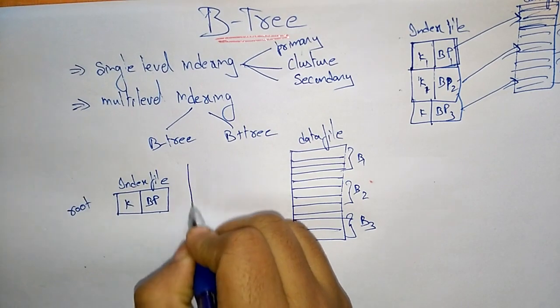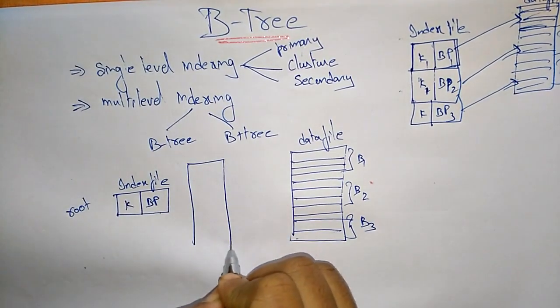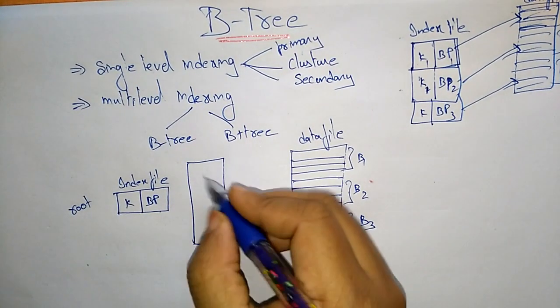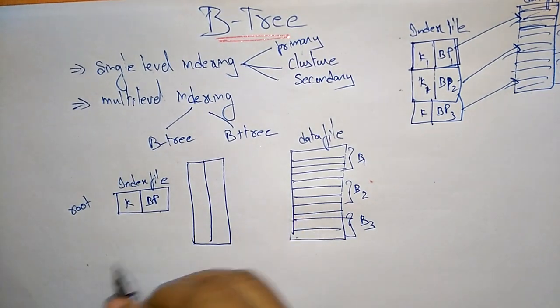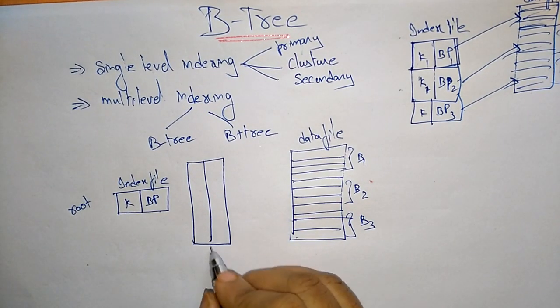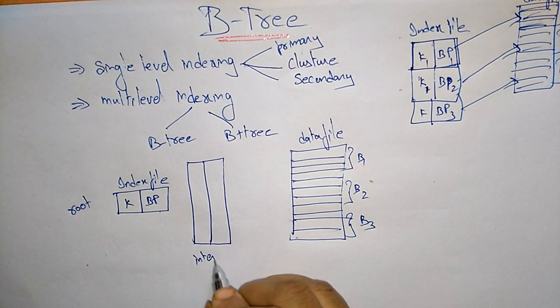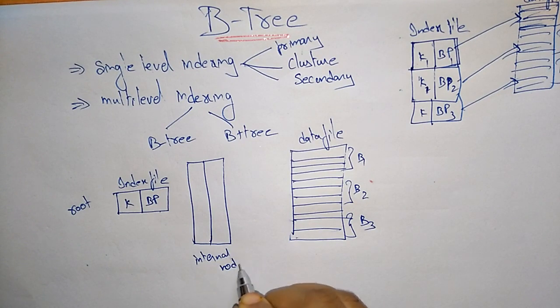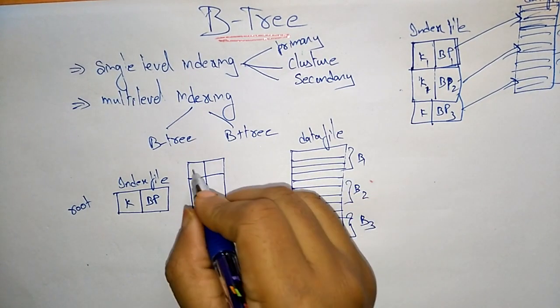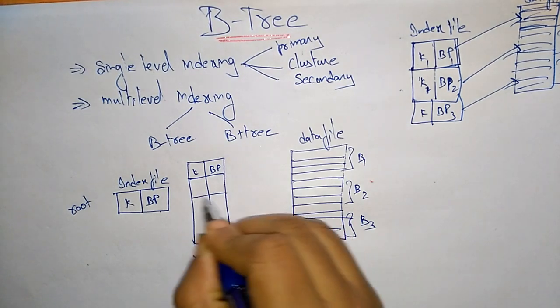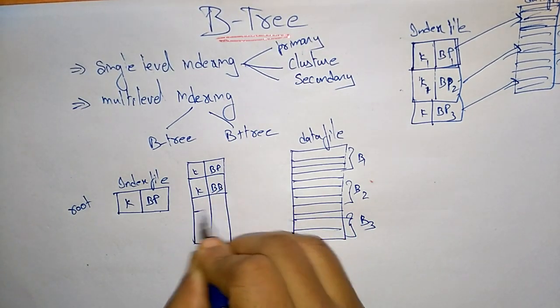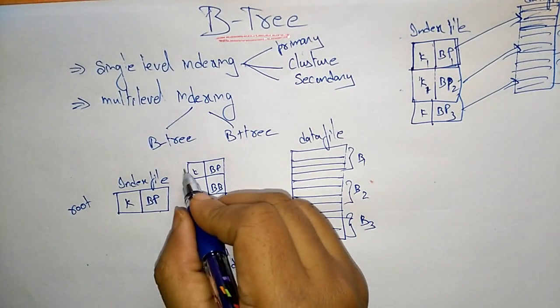This points to one of the entries in this index level, which you call an internal node. This also has key values and block pointers, like that. These are all the records.